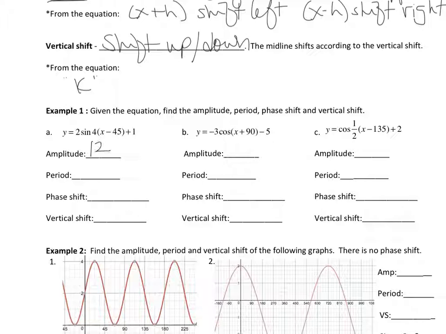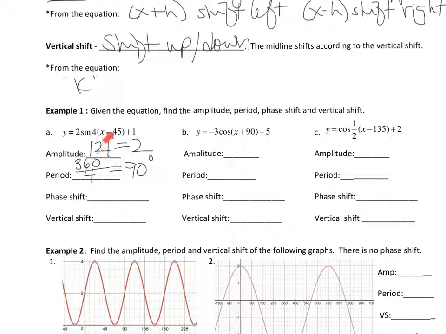So it's actually the absolute value of 2, which is 2. Here, we have a b value of 4. Remember, that is not your period, but helps you find it. So your period is 360 degrees divided by whatever b is. In our case, b is 4. 360 divided by 4 is 90. So our period is 90 degrees.